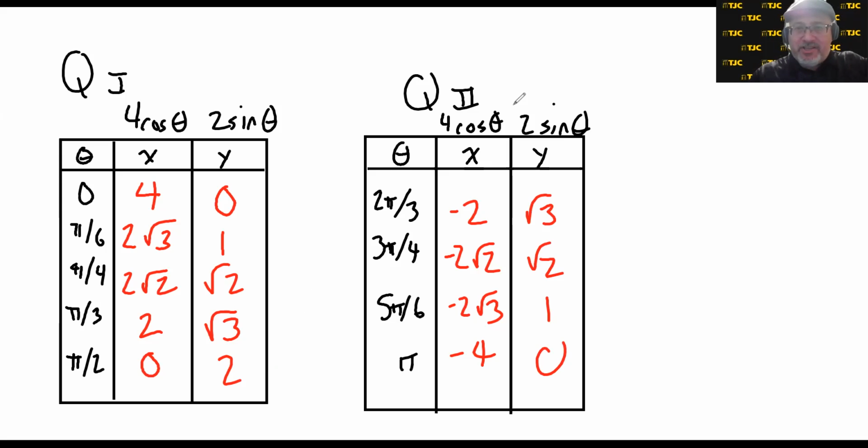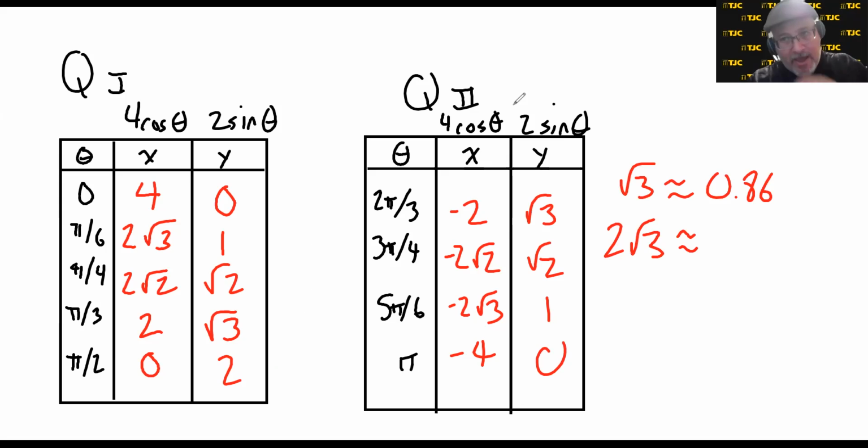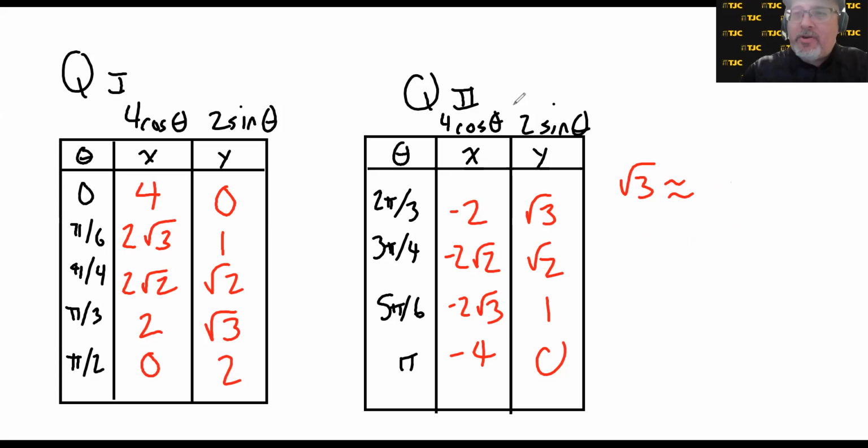But before we do, let's get some decimal equivalents. The square root of 3 is approximately 1.73.